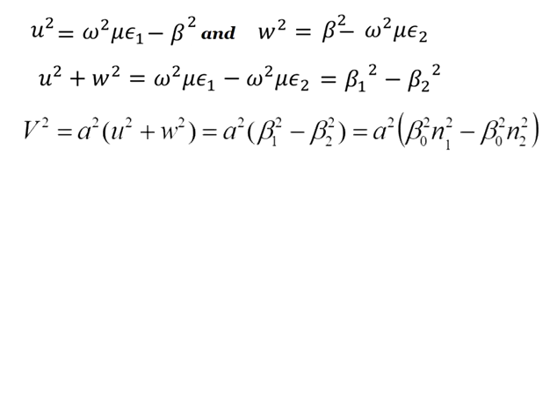Now if I multiply this with a square, where a is the radius of the fiber core, then the term that I will get is V square. Remember, this is capital V, not the small v. So V is called the normalized frequency parameter.